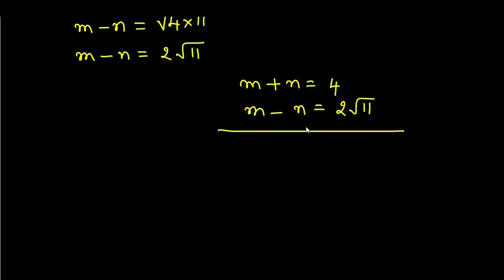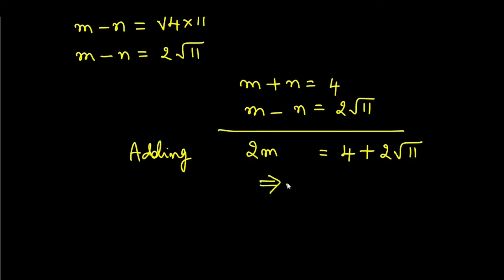So adding, we get 2m is equal to 4 plus 2 root 11. From this, if we transpose 2 to this side, it divides this term. We will divide these two terms by 2. So we get m is equal to 2 plus root 11.